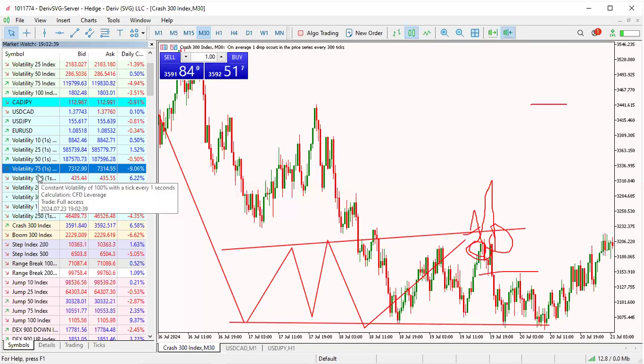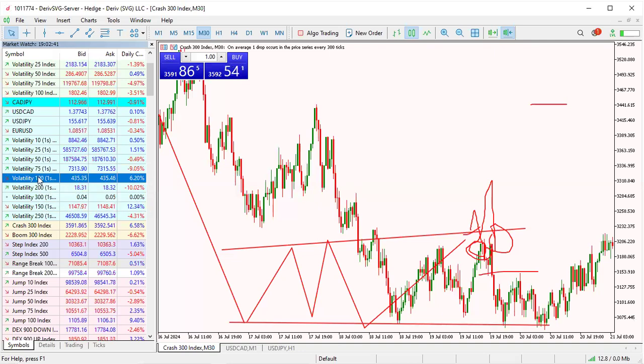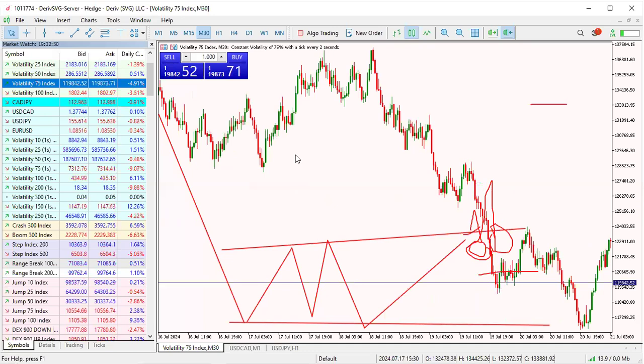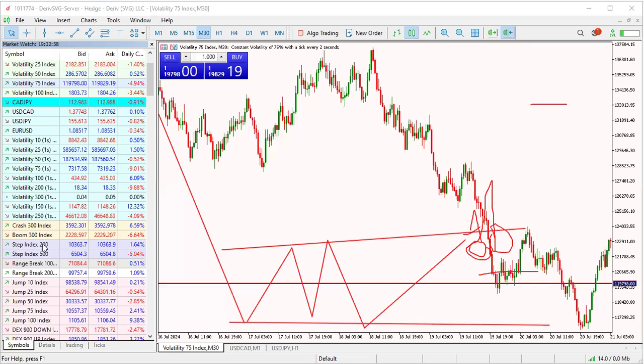The same with the other ones, 100 or 100 (1s), 50 or 50 (1s). They are different, okay? With Volatility 75, we usually traded purely on what we know, the basics, chart patterns and support and resistance, and we used to make a lot of money. But for now, it's not that profitable anymore.